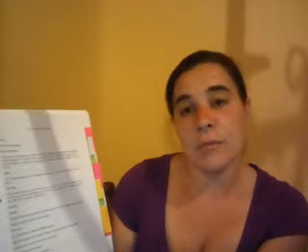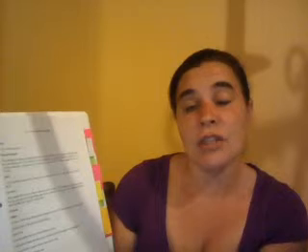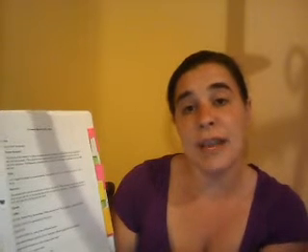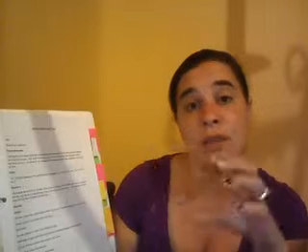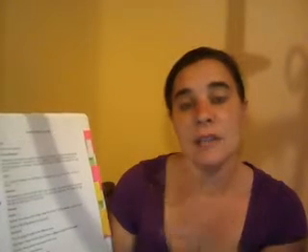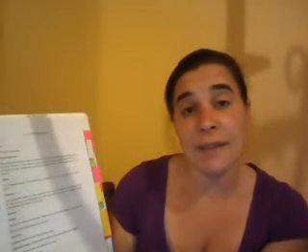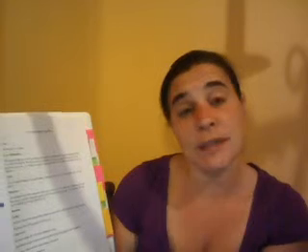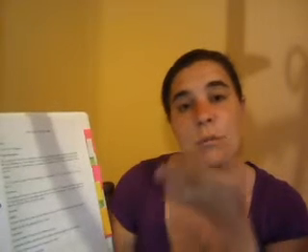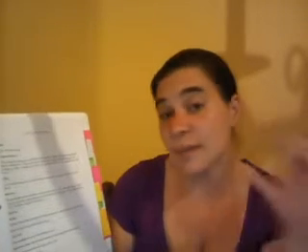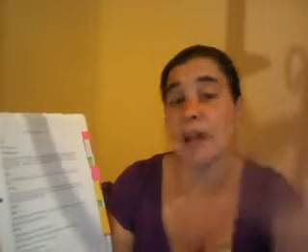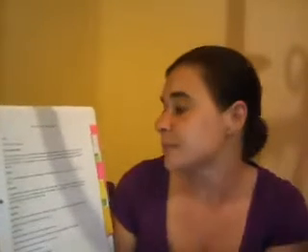Then I'm going to go over the different colors, and then I'm going to hand the students different pieces of paper that have the words on them of the different animals. And I'm going to read the story again, and I'm going to tell them that when I get to their color, the one that they have written on their piece of paper, they're going to have to hold their piece of paper up in the air.